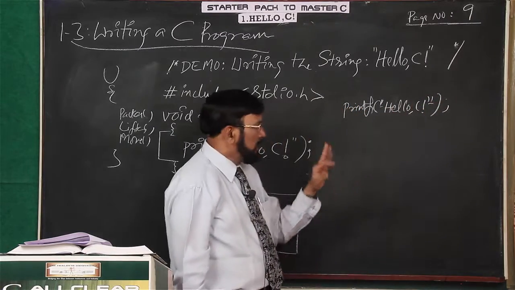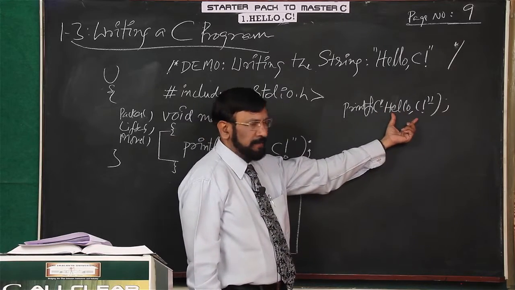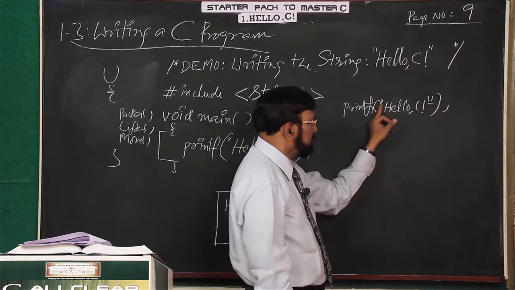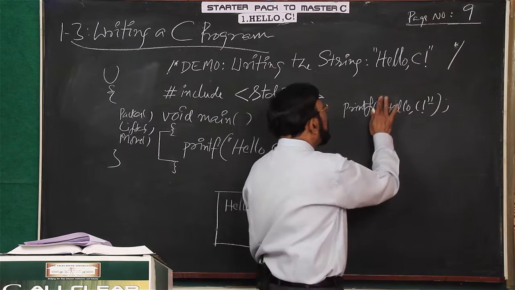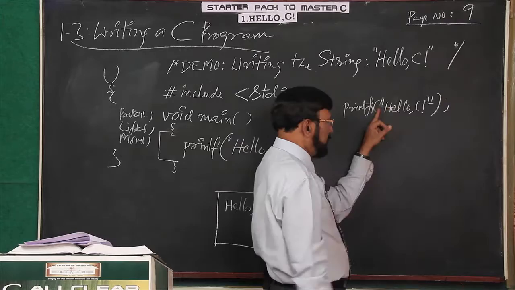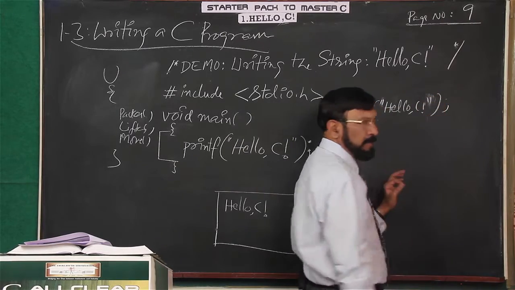Already I told you. Just like that, you cannot provide the string to printf. You have to provide proper delimiters where the string starts and where the string ends. Here the delimiters are double quotes. A double quote is the starting delimiter, and the ending delimiter is another double quote.